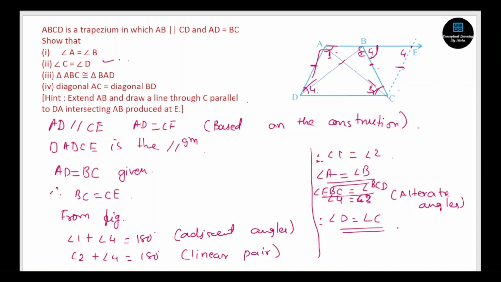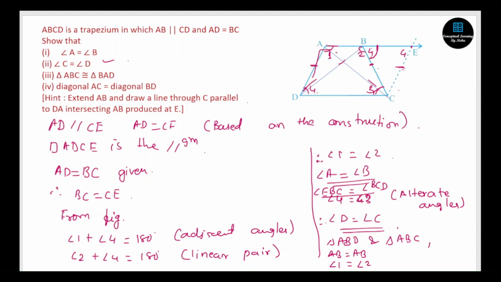Great. Now one more thing, what can I prove? If I talk about these two triangles, I'm taking triangle ABD and triangle ABC. I can say AB equals AB, right? Also angle 1 equals angle 2, we just proved that.